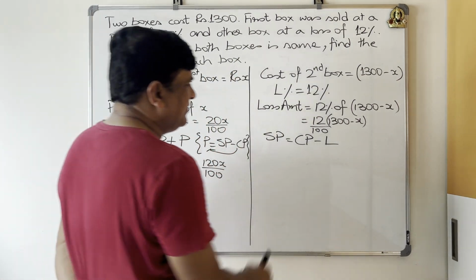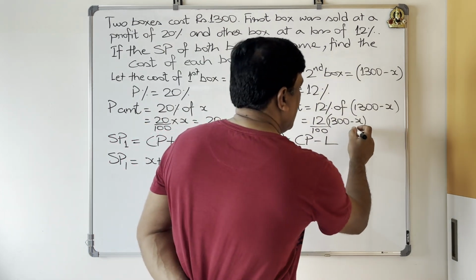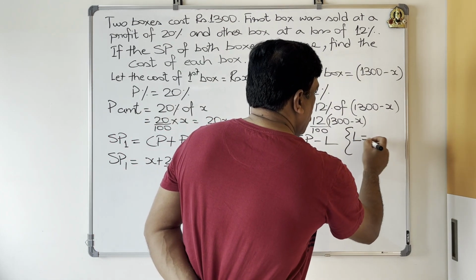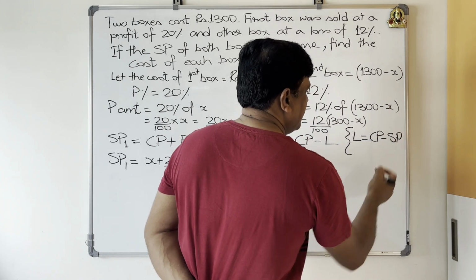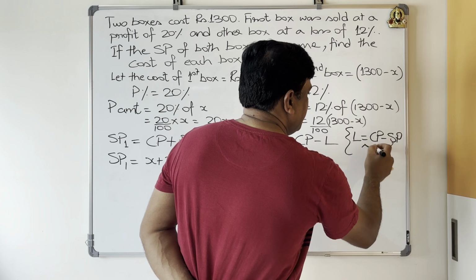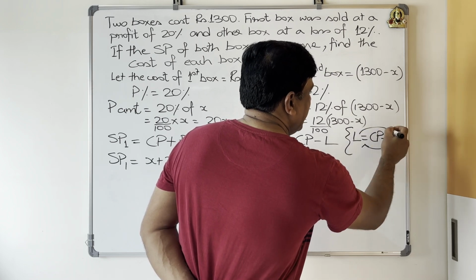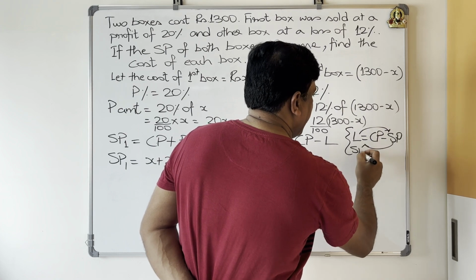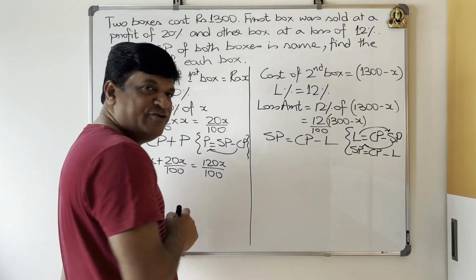The selling price will always be lesser, because how do you calculate loss? Loss is nothing but CP minus SP. So if I bring the SP this side, because it's minus SP, and take the loss to the other side, I'm going to get SP is equal to CP minus loss. That is what I'm using over here.